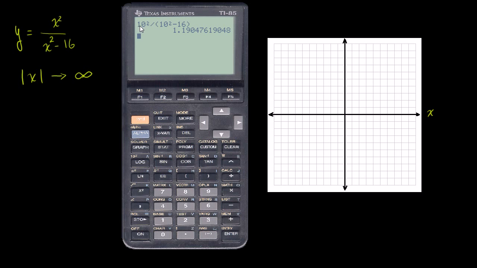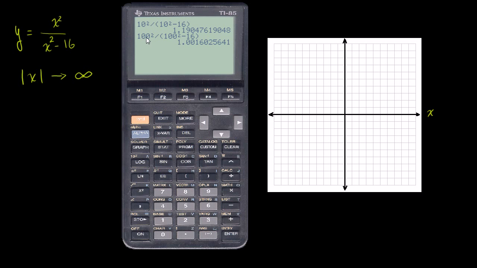Now, what happens if x gets a little bit bigger? This was x is equal to 10. What happens when x is equal to 100? We have 100 squared divided by 100 squared minus 16. I'm getting even closer to 1. When x is 10, we're getting y is 1.19.